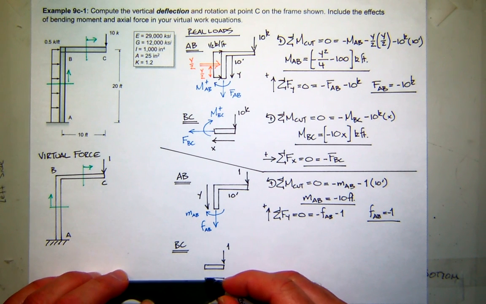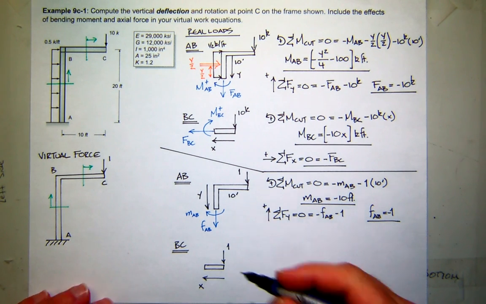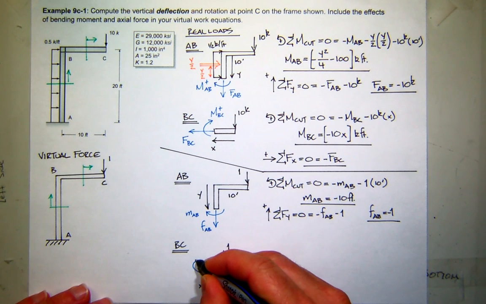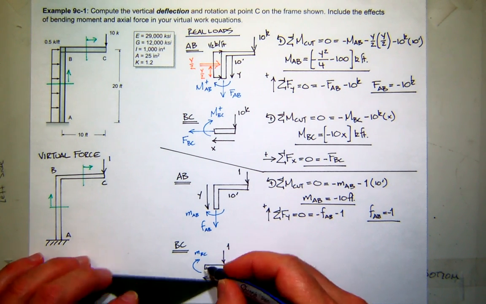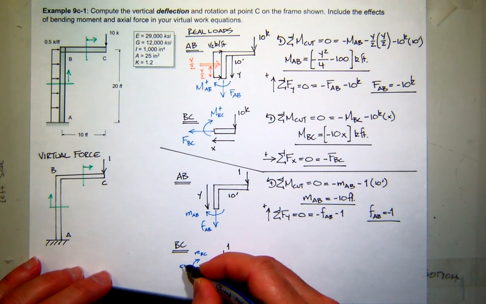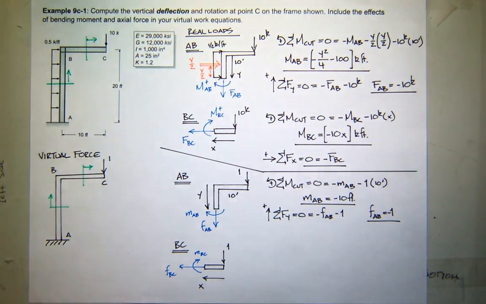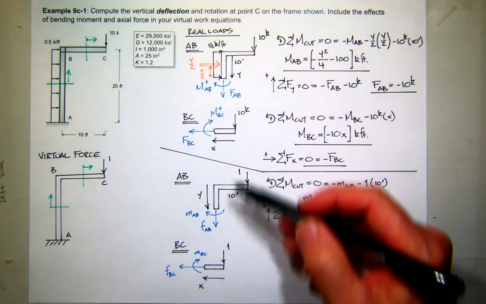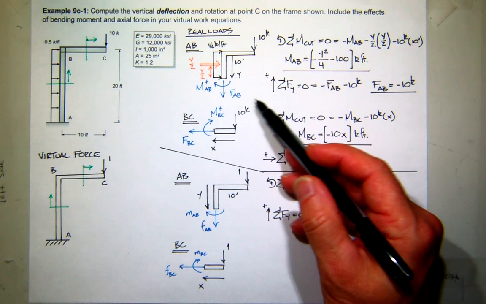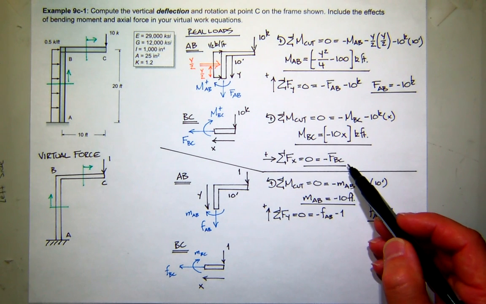Also measuring from right to left would be X, and then on the cut surface itself I would have the virtual moment in BC and the virtual force in BC. Now looking at these two free bodies, what's the only difference? This is 10 kips and this is 1. So all my results here I could simply just divide by 10.